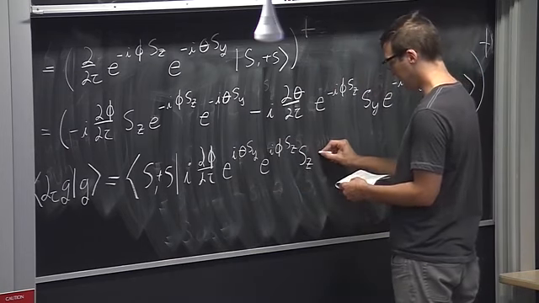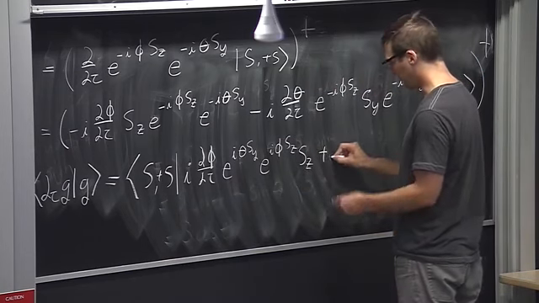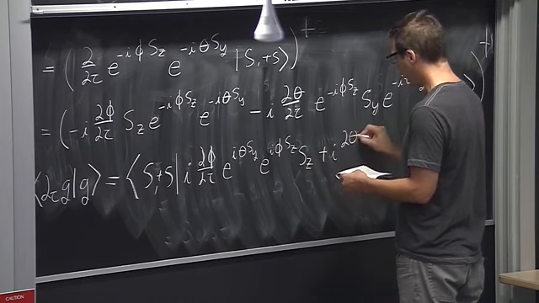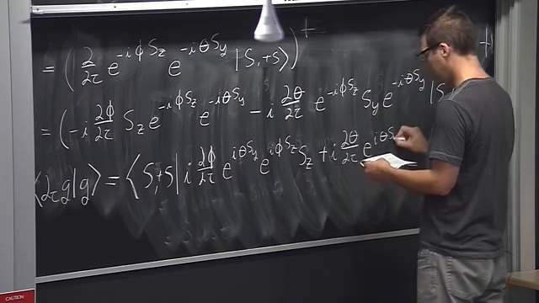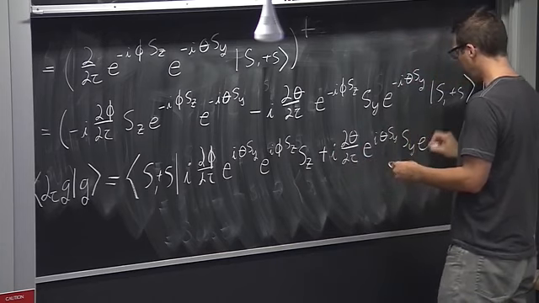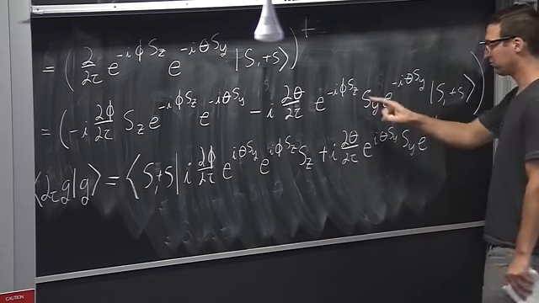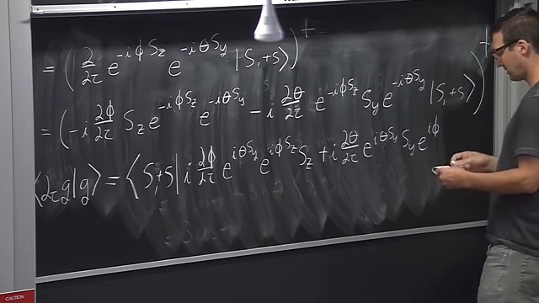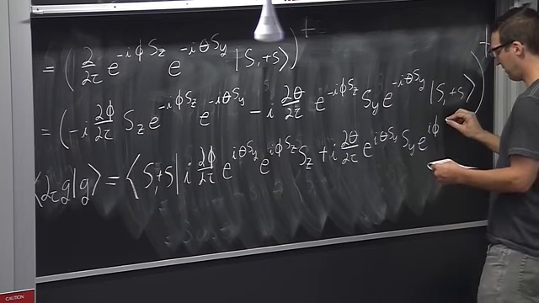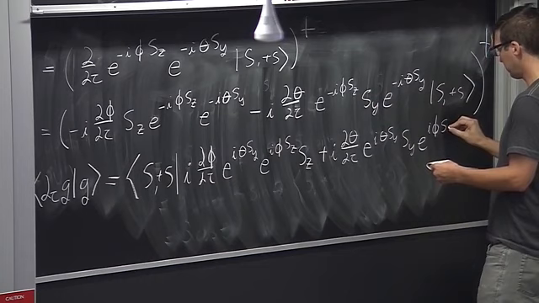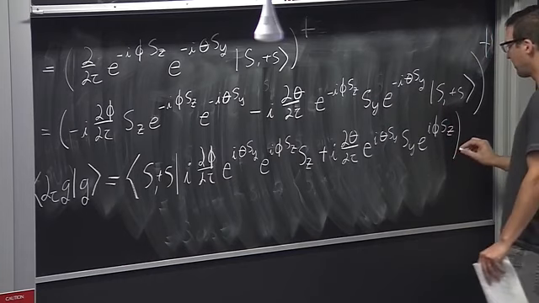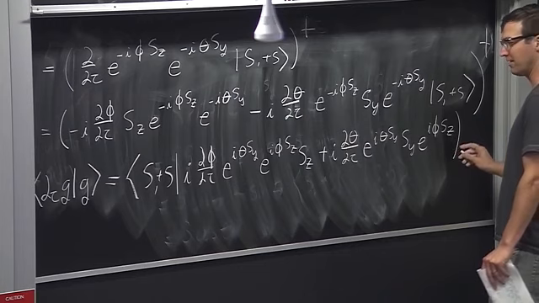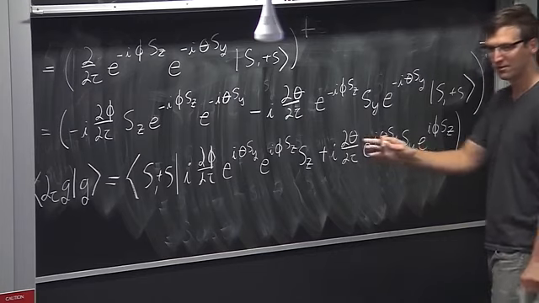That's the first term. i goes to minus i, so I have plus theta sy i phi sz, right? So reverse the orders. Okay, right, so that's just the bra.